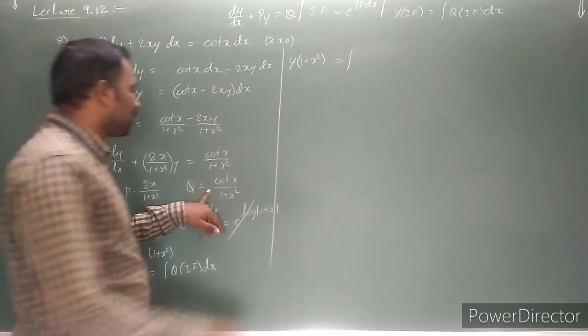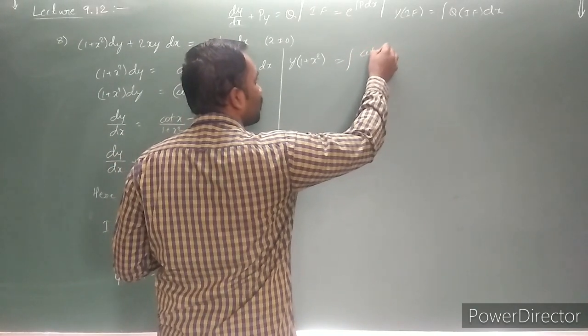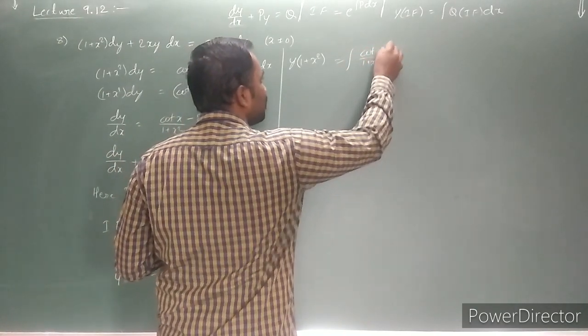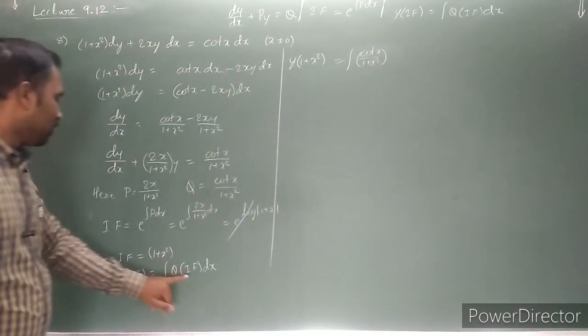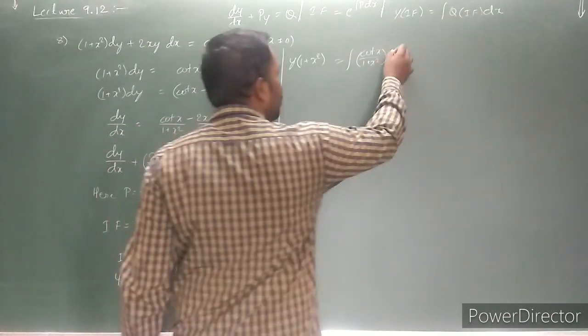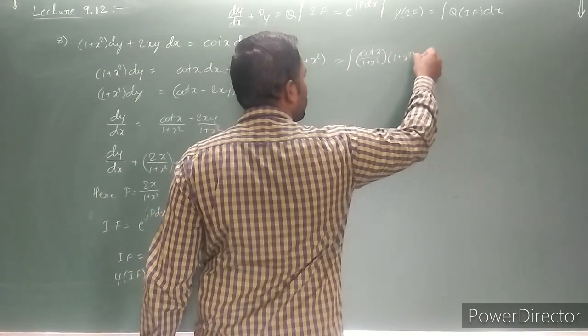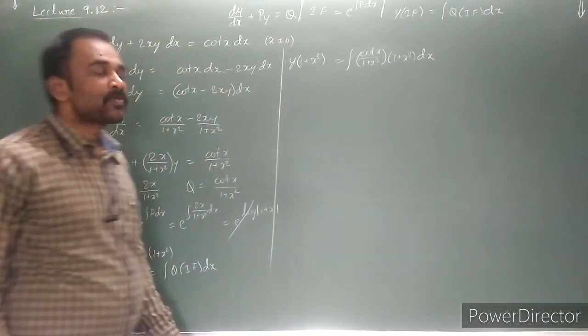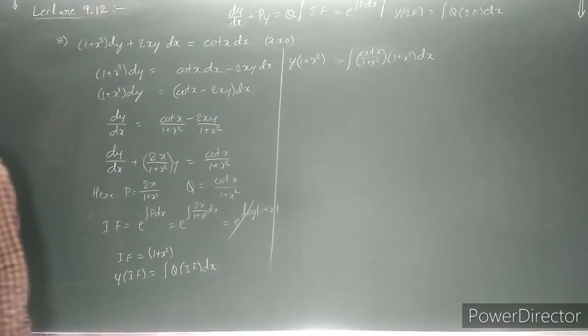Where is Q? Q is here: cot x divided by (1 + x²), times the integrating factor (1 + x²) dx. So y times (1 + x²) is equal to the integration of cot x divided by (1 + x²) times (1 + x²) dx.